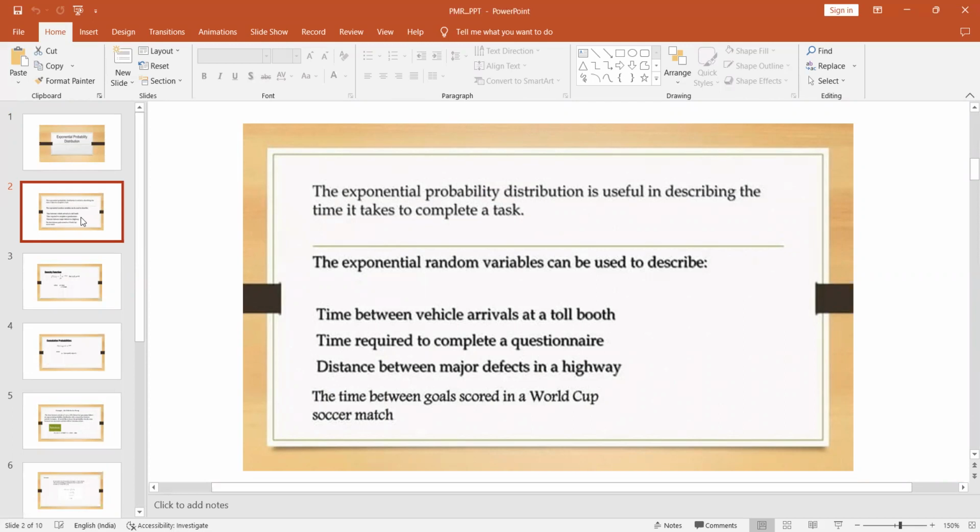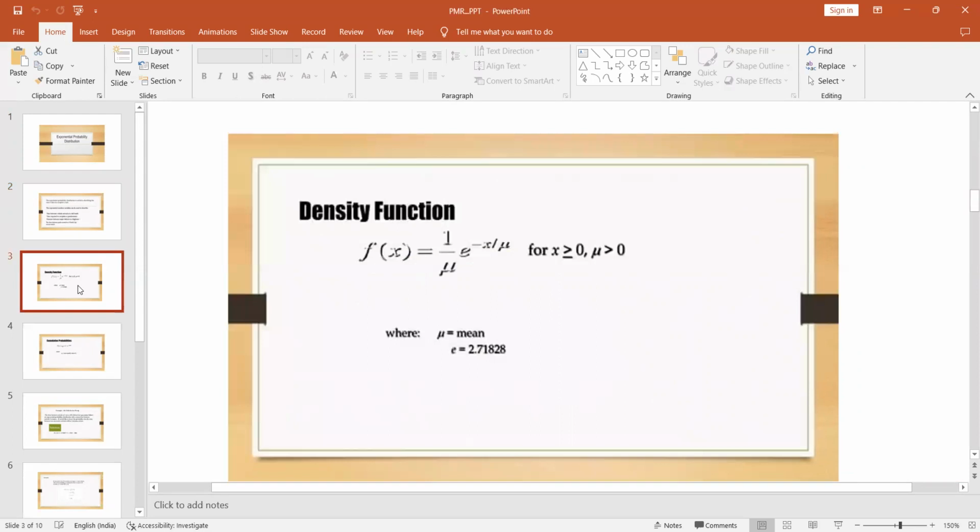Exponential random variables can be used to describe the time between vehicle arrivals at toll booths, the time between goals scored in World Cup soccer matches, the time required to complete questionnaires, and the distance between major defects in highways. This is the density function that is used.